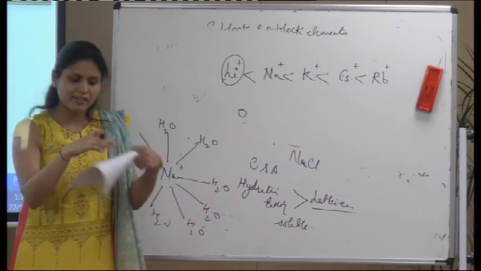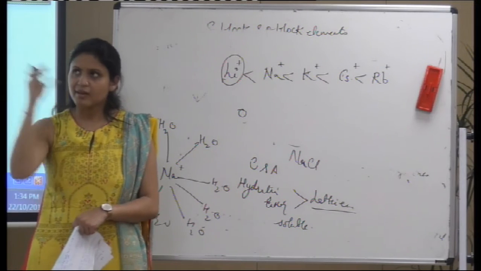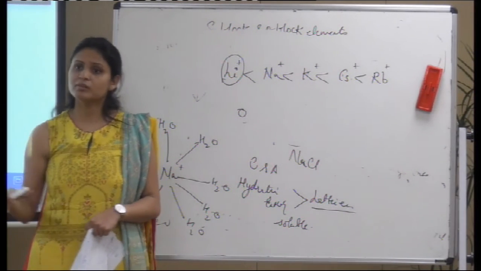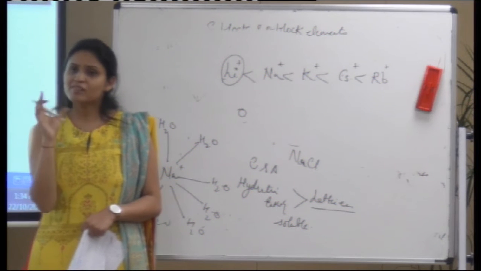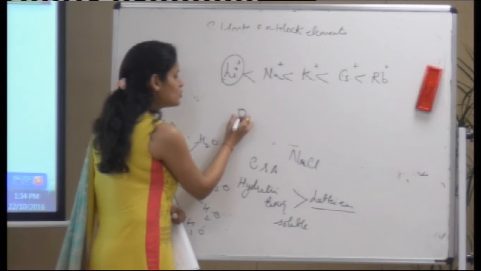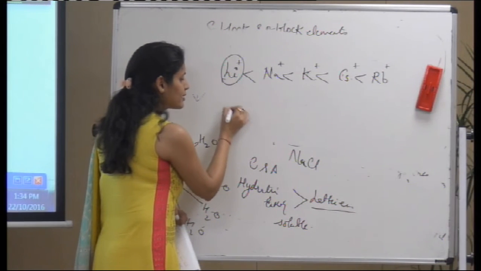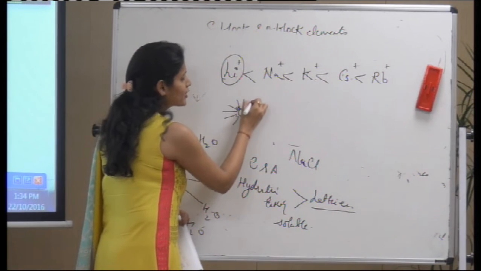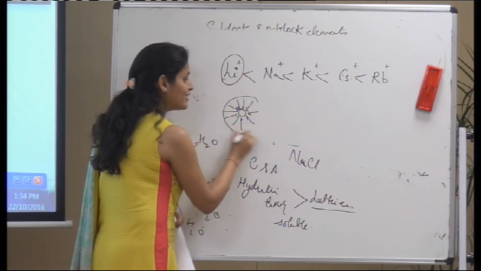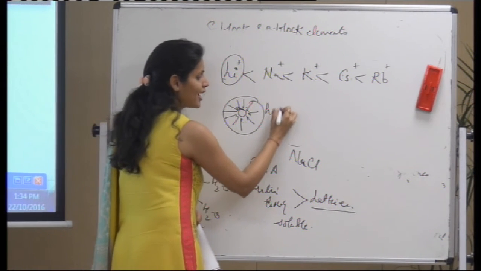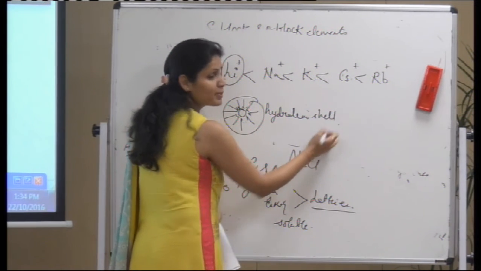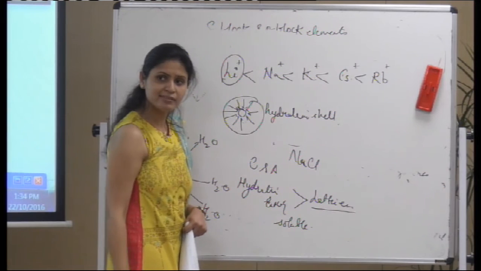Suppose this is an ion. All the water molecules can easily approach it as compared to a bigger ion. A bigger ion will be able to accommodate only smaller numbers of water molecules in comparison to a smaller ion. If this is a smaller ion, more and more water molecules can come to it. That means its hydration shell, this is called hydration shell, would be bigger for a smaller ion.